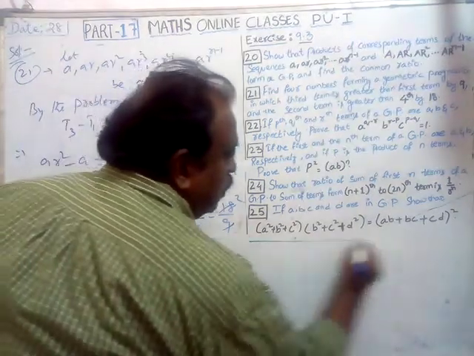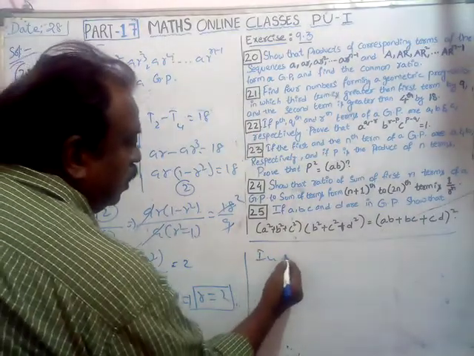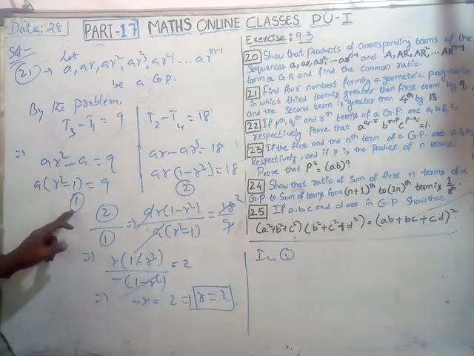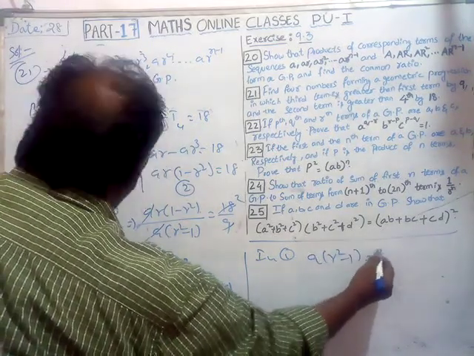And again, if you substitute in 1, what is 1? a of r square minus 1 is equal to 9.